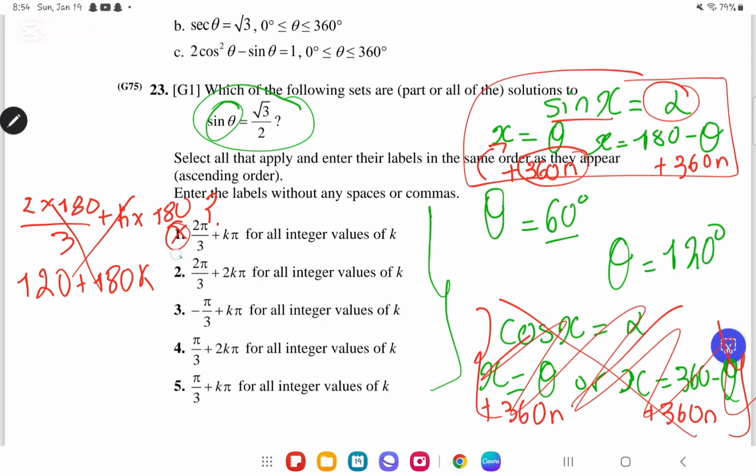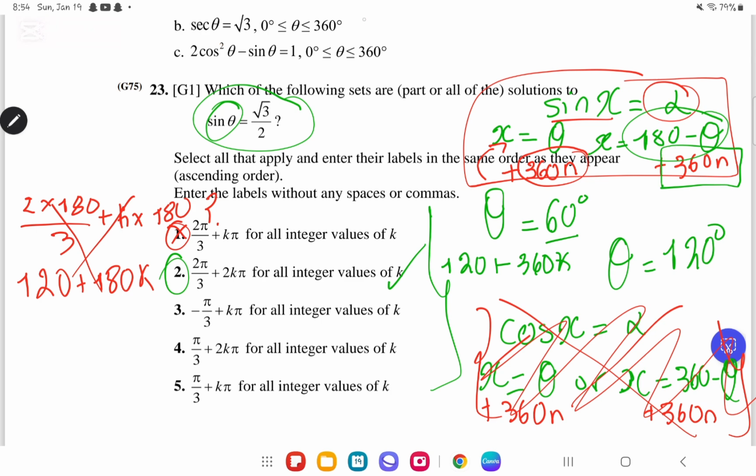Number 2 states that it is 2 pi over 3, so it's 120 plus 2k pi, 2 times 180 times k, so 360k. This works. Why does it work? It works because they are telling us it's 180 minus theta, but then they added a rotation.